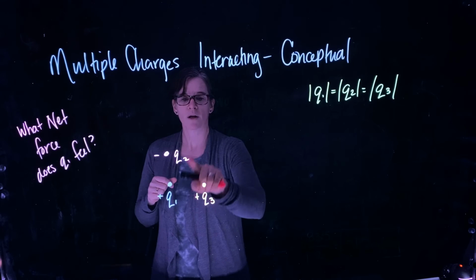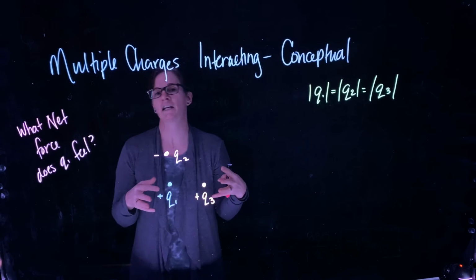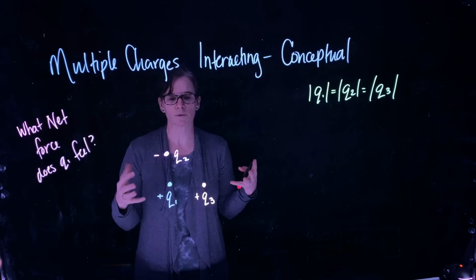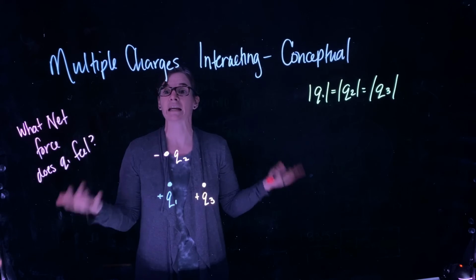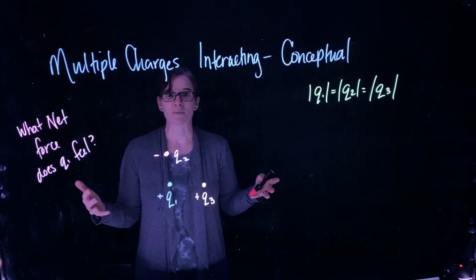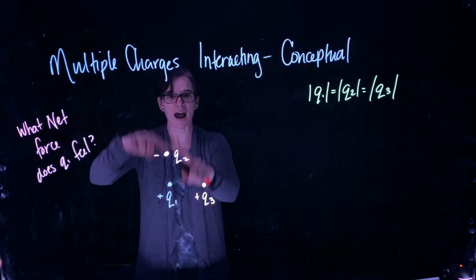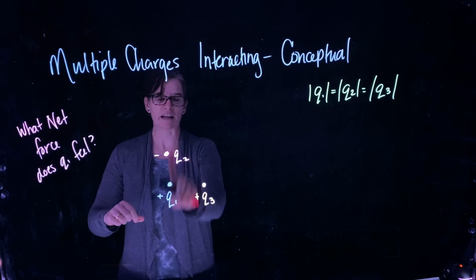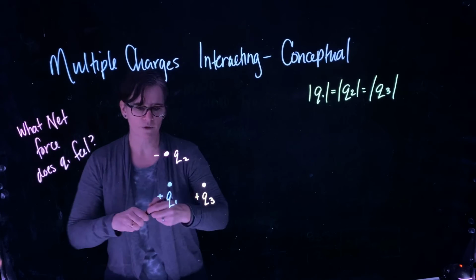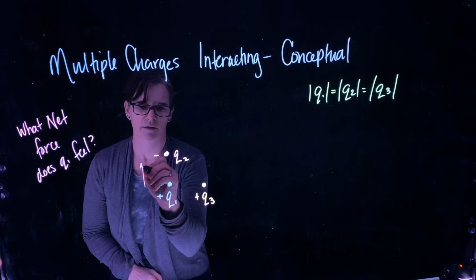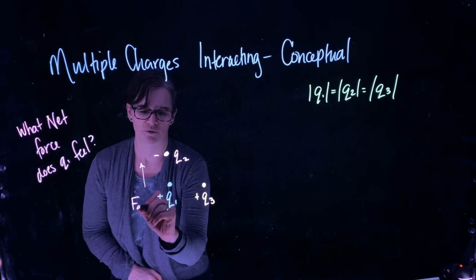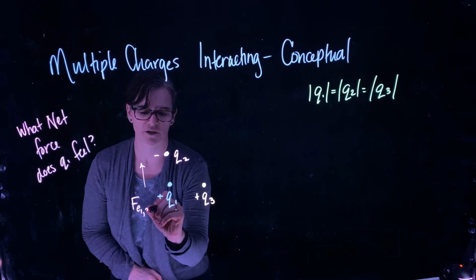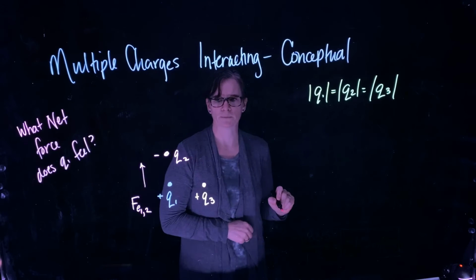So Q1 and Q2, if I calculated the electric force based on Coulomb's law for Q1 and Q2, I'd get a negative force. Negative force means it's attractive. Opposites attract. And so the attraction for Q1 is an upward force from Q2. So that's the force on Q1 by Q2.